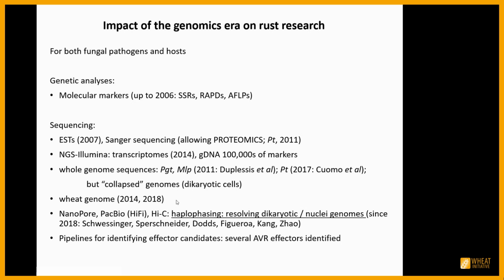Of course, the sequencing of the wheat genome was important as the host. I don't really want to talk much about that. And then more recently, long read sequencing, Nanopore, PacBio HiFi, and Hi-C, really allowed haplophasing, so resolved dikaryotic genomes, starting in 2018 with several groups in Australia, Ben Schwessinger, Jonas Persch­neider, Peter Dodds, Melania Figueroa, and also in China on stripe rust.